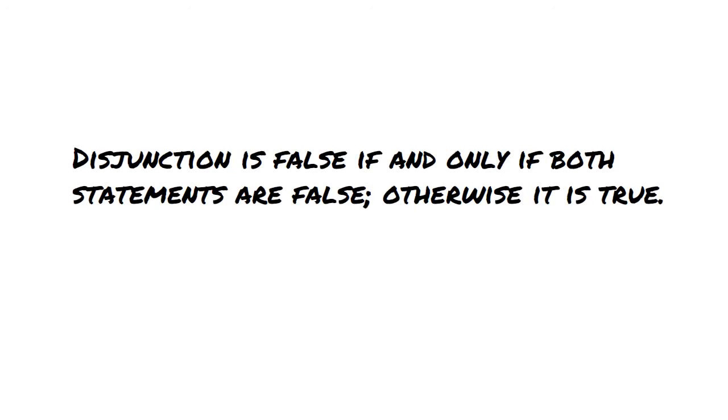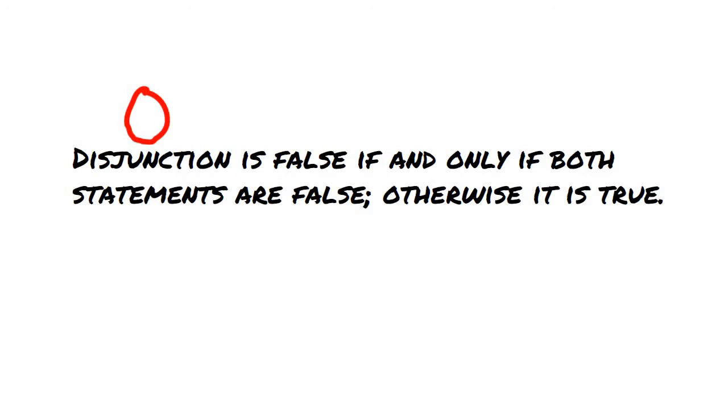With those examples, we can now come up with a definition for disjunction. Disjunction is false if and only if both statements are false. Otherwise, it is true.